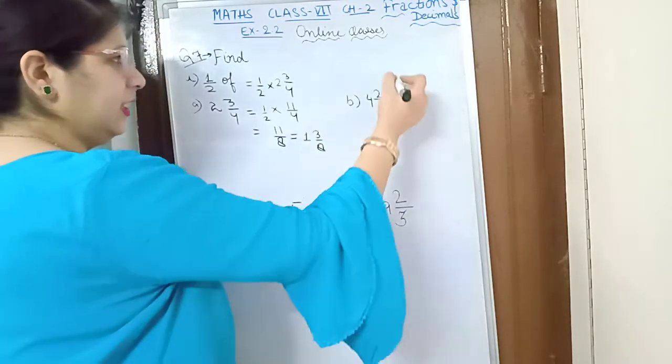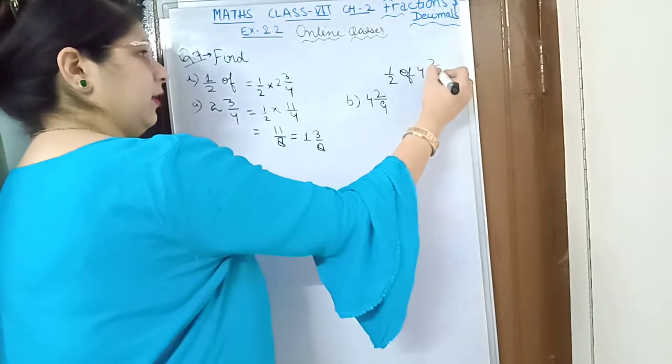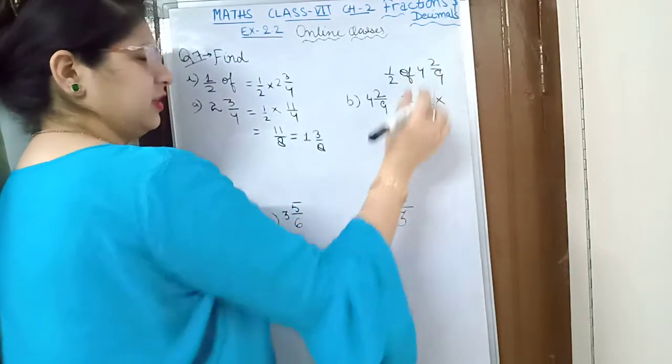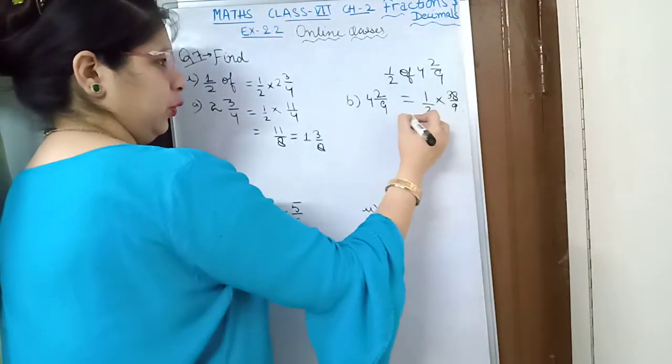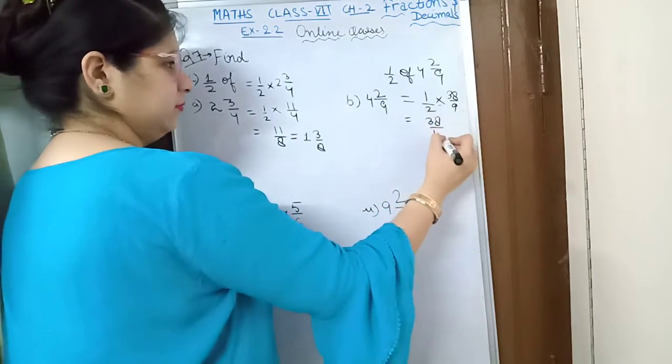Now come to this side. 1 upon 2 of 4 2 by 9. "Of" means multiply, 9 4s are 36 plus 2 is 38 upon 9. Now 1 into 38 is 38, 2 into 9 is 18.